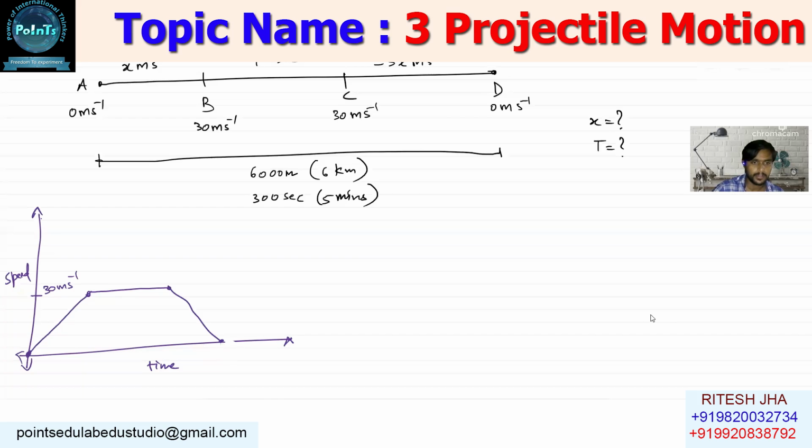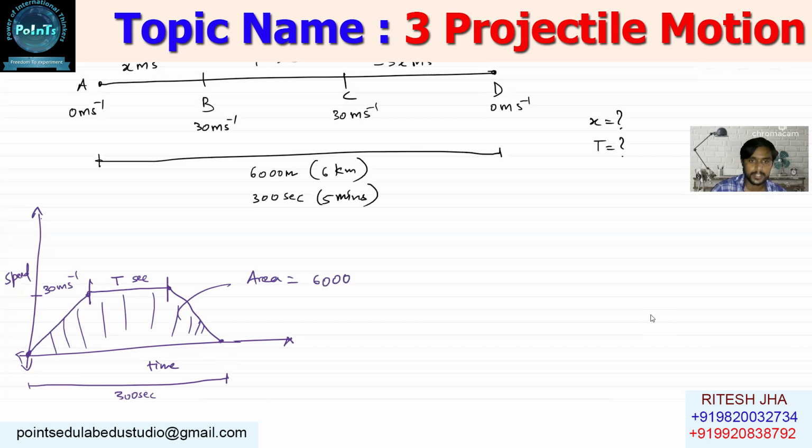Now the total time taken from here to here is 300 seconds, and this time is t seconds. The total area gives you the total distance covered, that is 6,000.